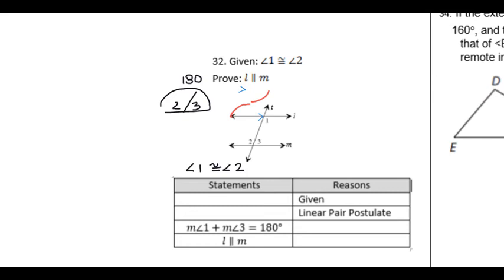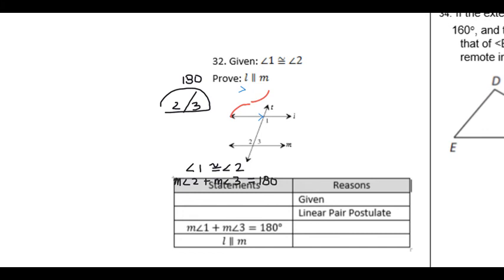Now, if they are supplementary, then that means they are adding up to equal 180. So we can actually write that the measurement of angle 2 plus the measurement of angle 3 equals 180.